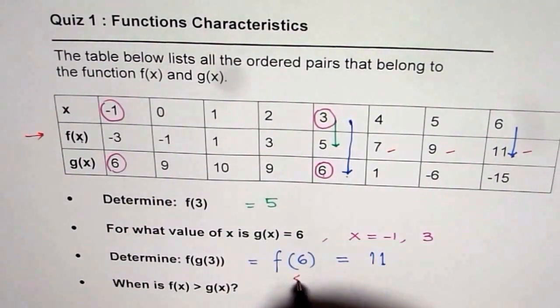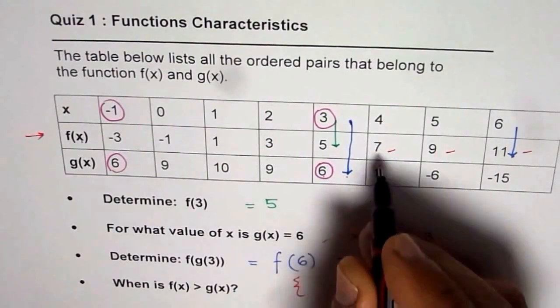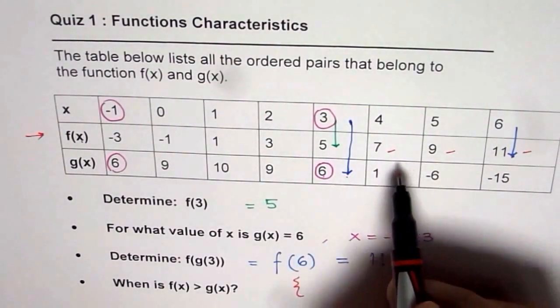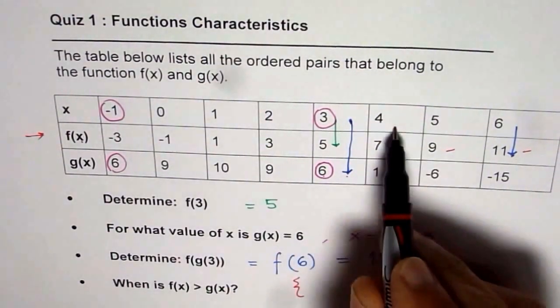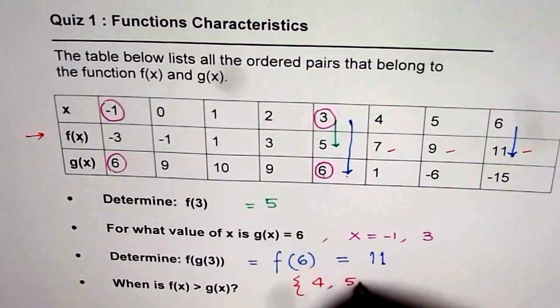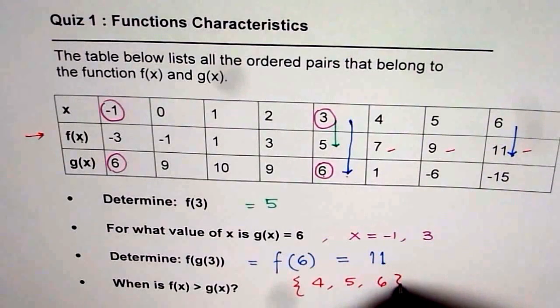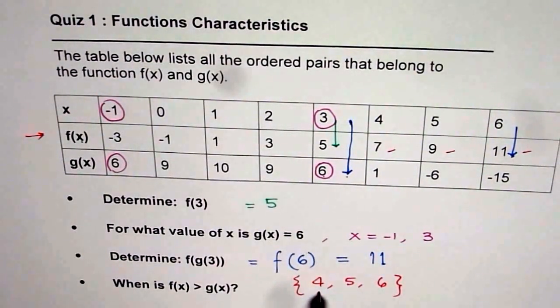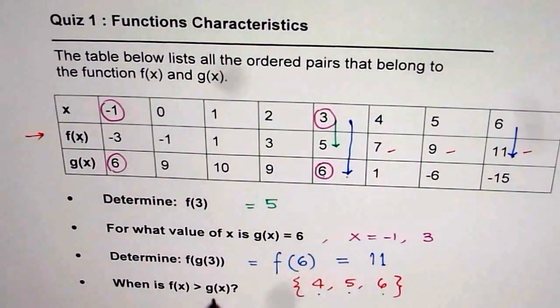So we can write this as, the x values whenever f of x is greater than g of x are 4, 5 and 6. So the domain for that is 4, 5 and 6. So for x equals 4, 5 and 6, f of x is greater than g of x. So that is how we can answer this question.